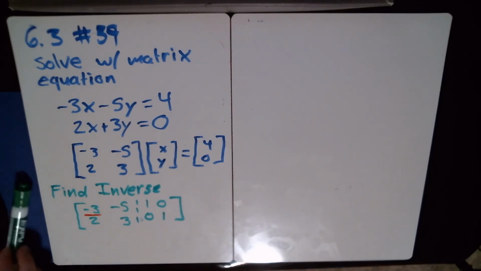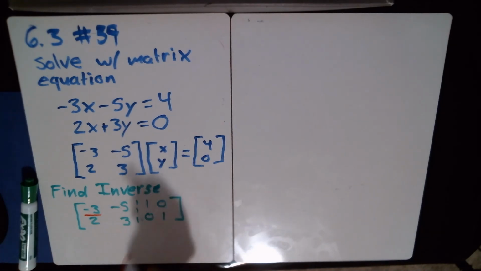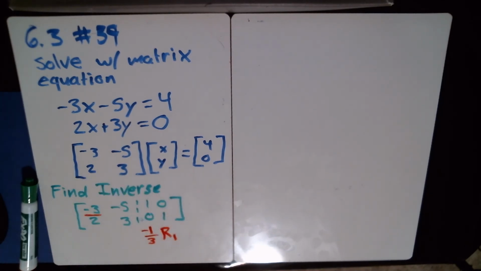There are other ways of doing it, but I'll just do it using fractions. So I'm going to do -1/3, and we're going to times it by row 1 to get rid of that -3 there. Okay.